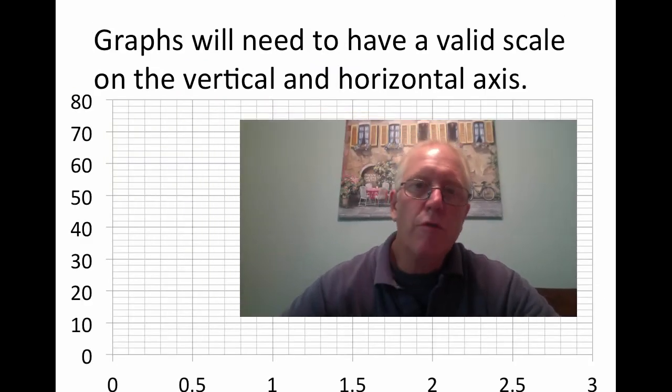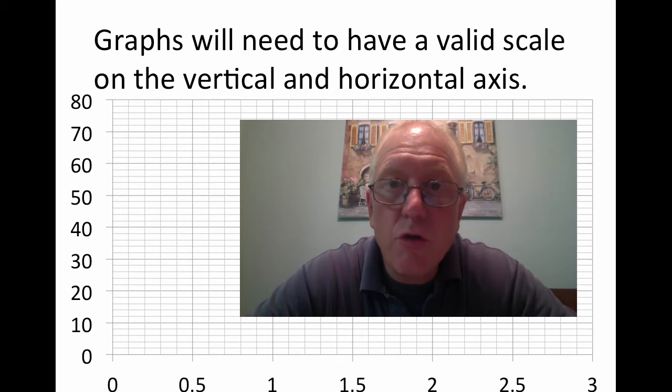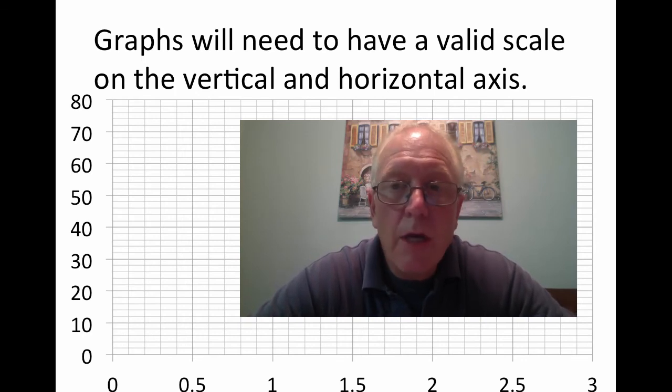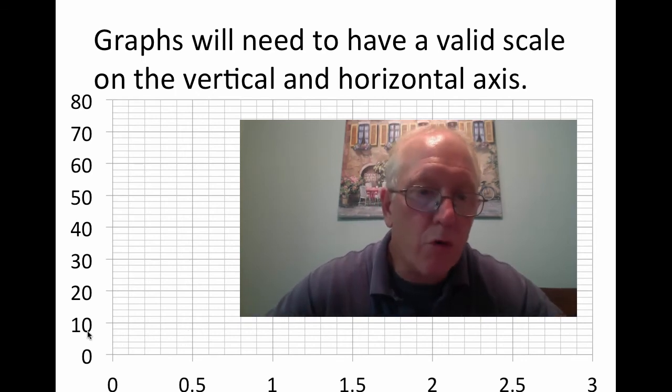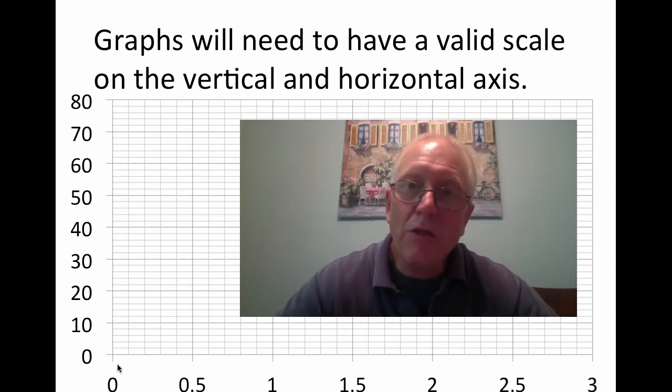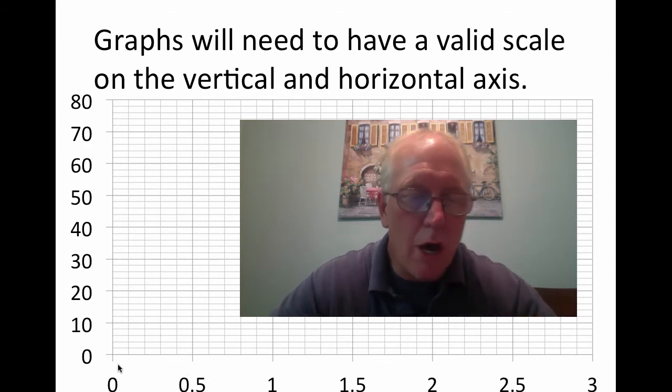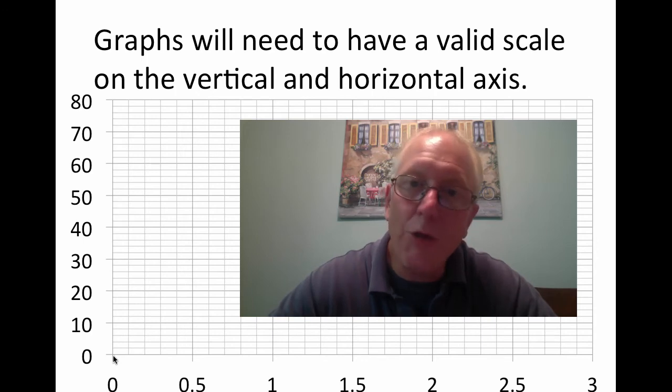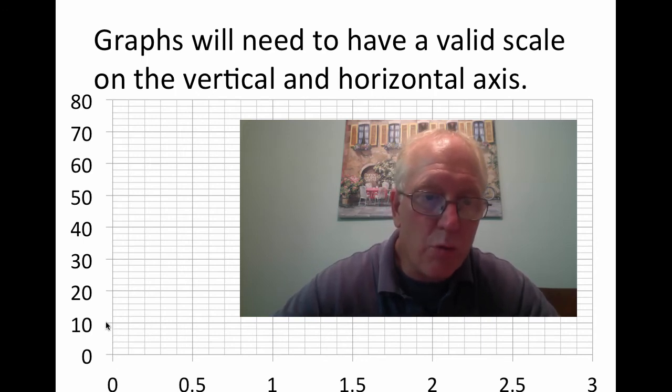Okay, so the first thing you're going to need on your graph, and you can start adding it in as well, is a valid scale for the vertical, that's the up and down, and for the horizontal, that's the side-by-side horizontal axis. And a valid scale means that the numbers on your scale are going to go up in equal increments. So here I've chosen a scale where each one of these larger lines here is 10.